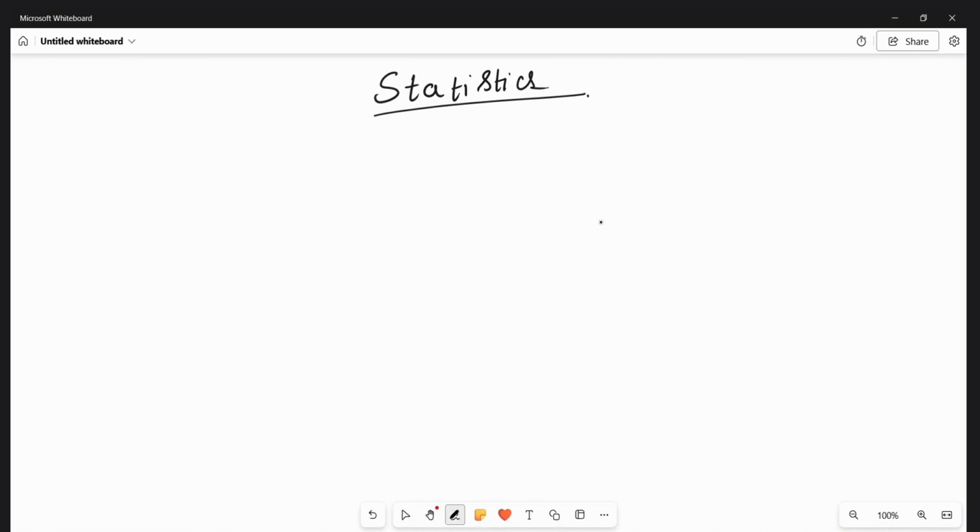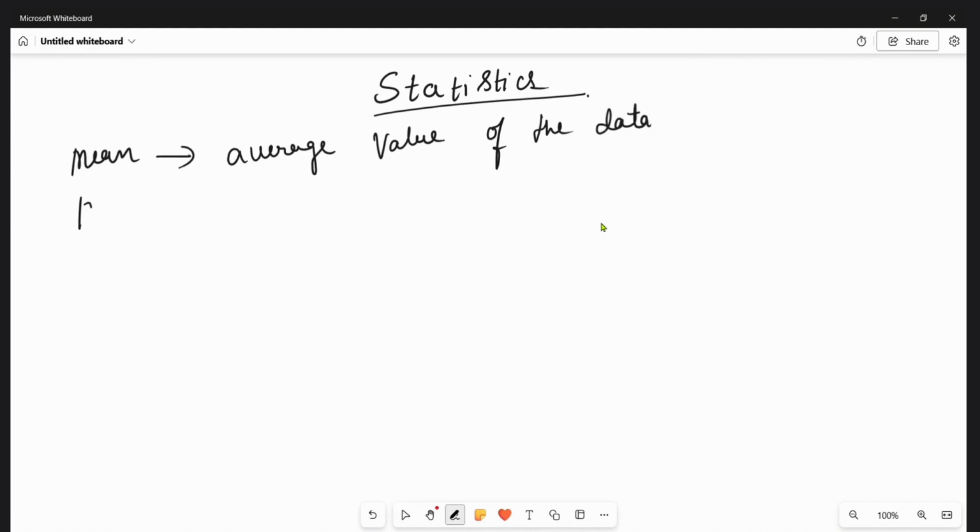Mean will give you the average value. Mean gives the average value of the data. And mode is the most frequently occurring number.